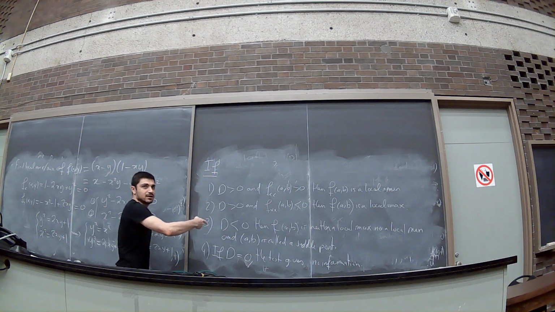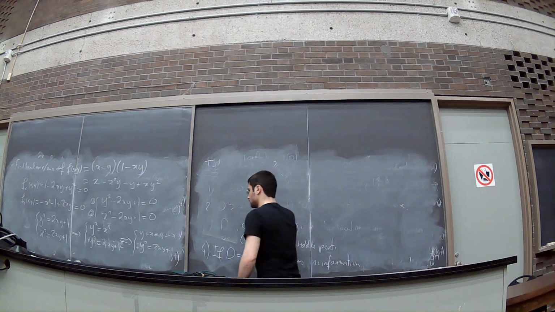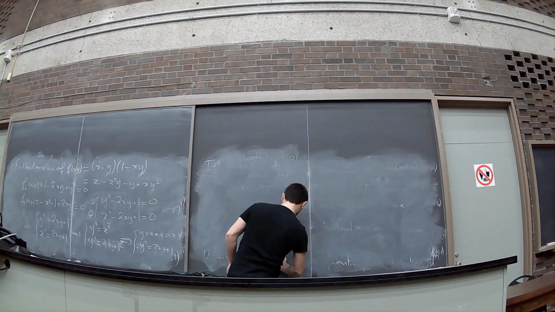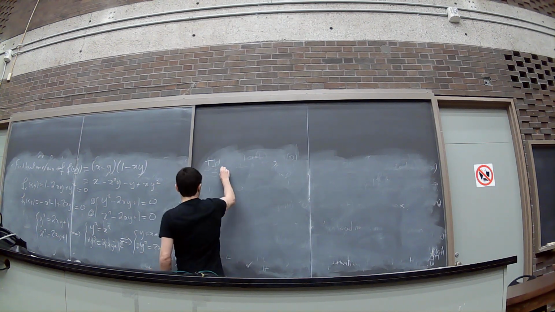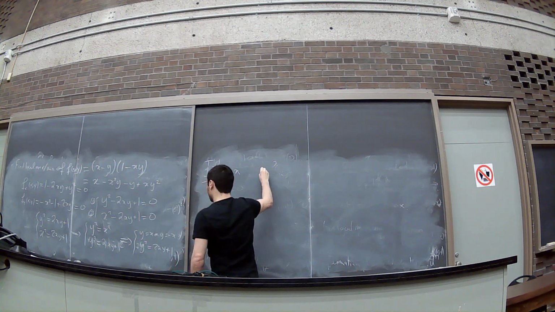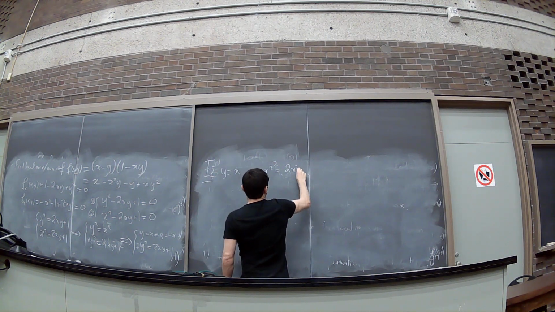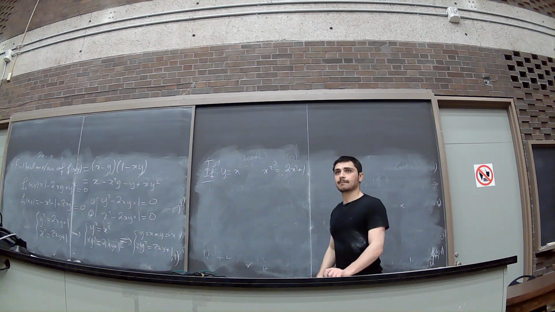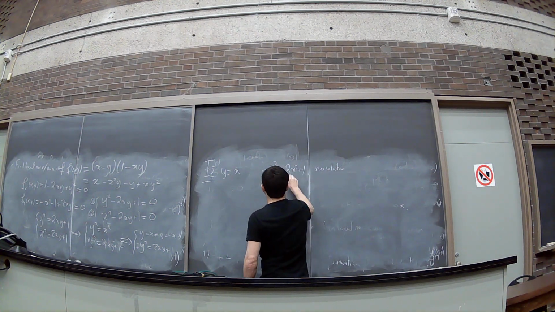Okay, I'll erase here. Can I erase here now? Okay. If y is equal to x, you get x squared is 2x squared plus 1. Does this have any solution? No solution, right? This is the same thing as x squared is equal to minus 1.